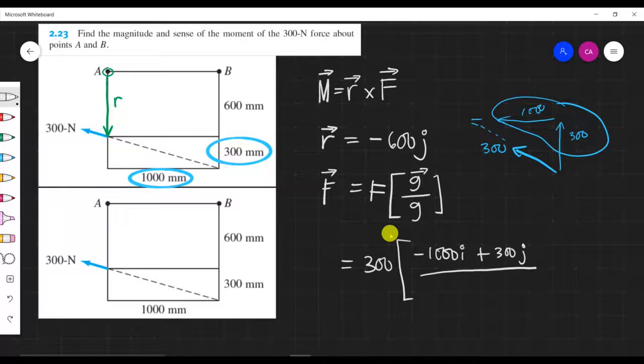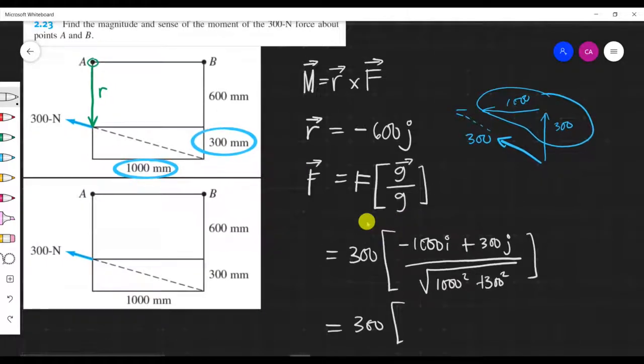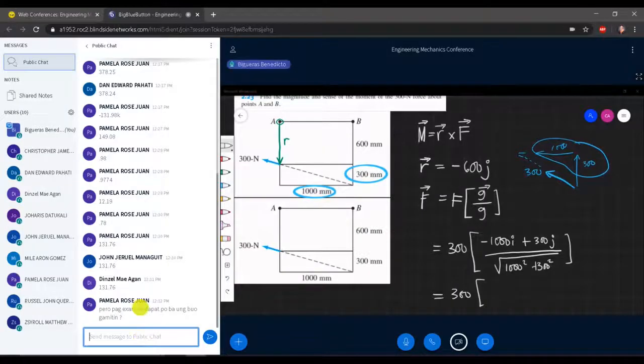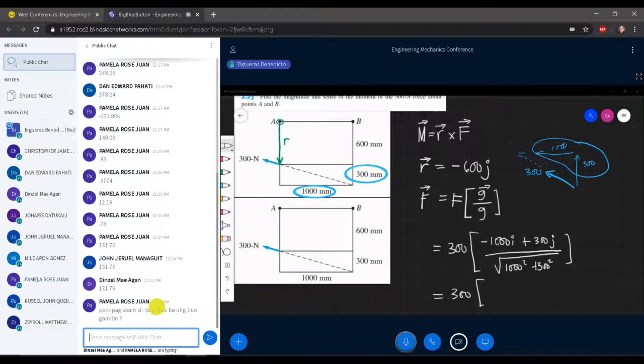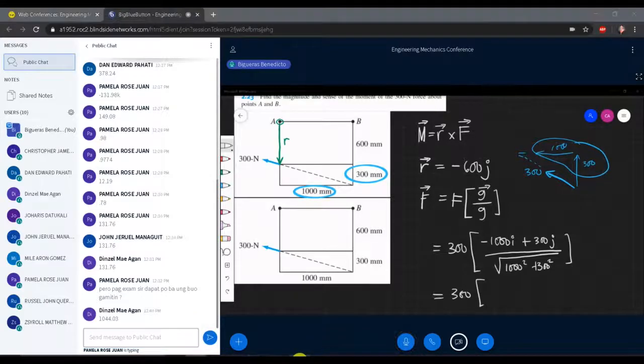Okay? Kapag may hindi naintindihan, sabihin lang ha. Then, magnitude ng G, direction vector is square root of 1,000 squared plus 300 squared. So, what would be? Pa-calculate yung denominator. Yung denominator lang, 1,000 squared plus 300 squared. 1,044.03.